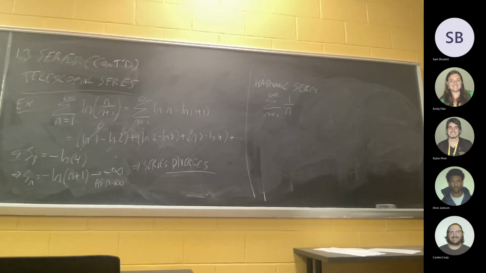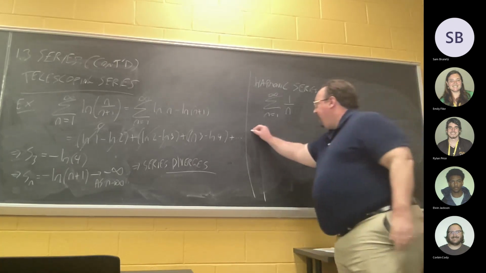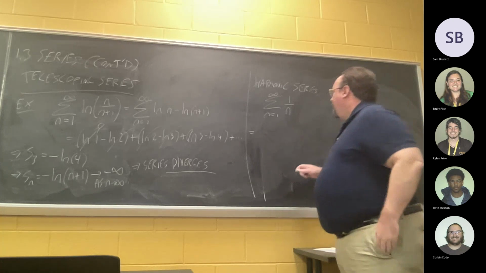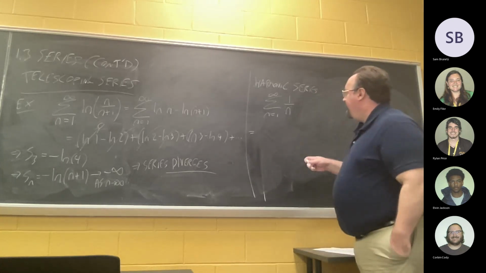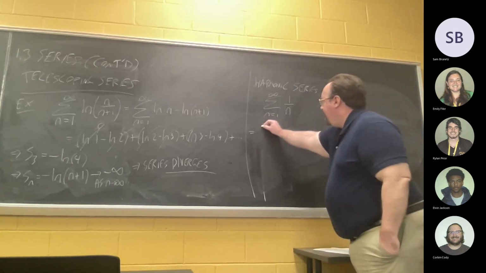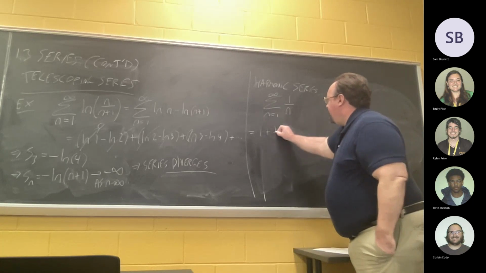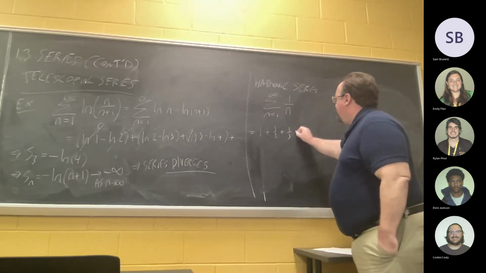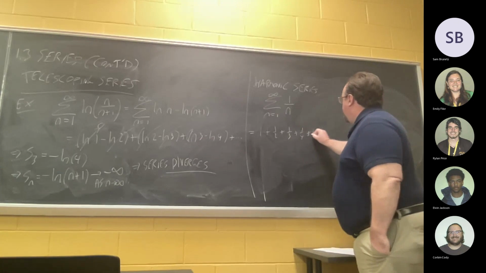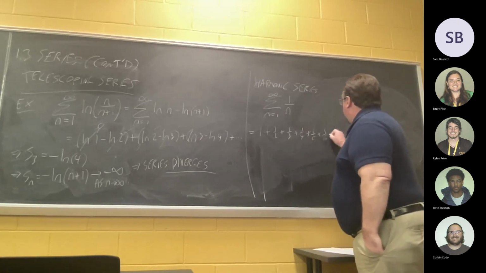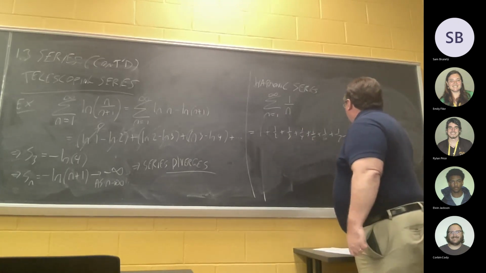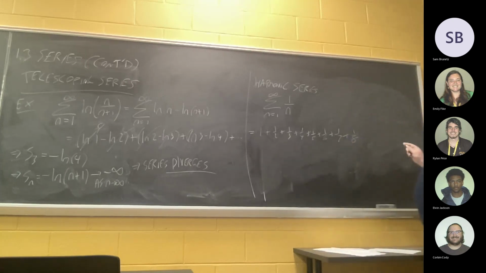What I'm going to do is write out the first several terms of this series, more than usual, to give you an idea of what's happening with the partial sums. So if I have 1 plus 1/2, and so on up to 8.